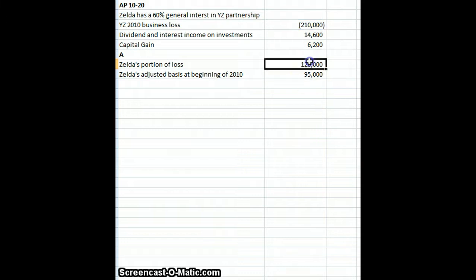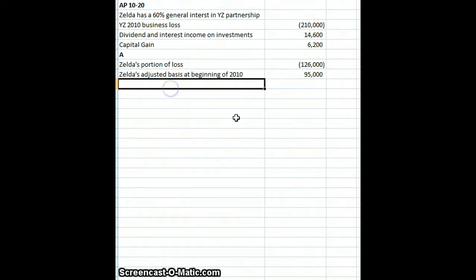So she gets 60% of it, so it's a $126,000 loss that is available to her, but she can't deduct the full amount. Remember, in partnership, we can only deduct losses up to our basis in the partnership. So our beginning adjusted basis is $95,000.